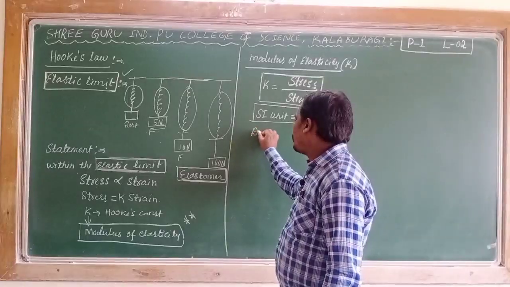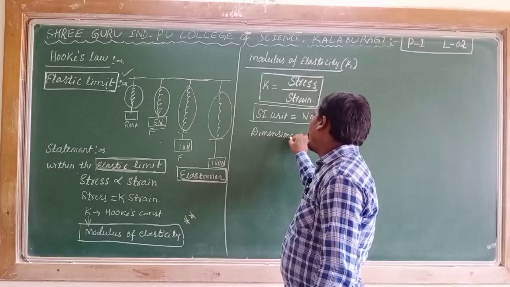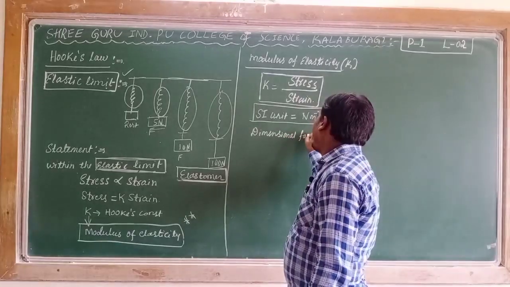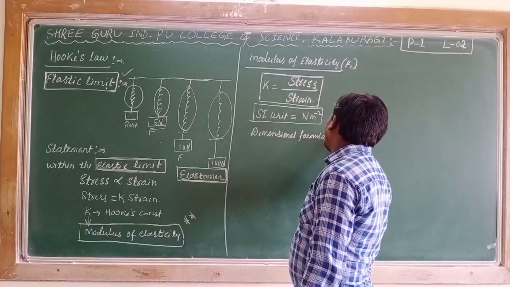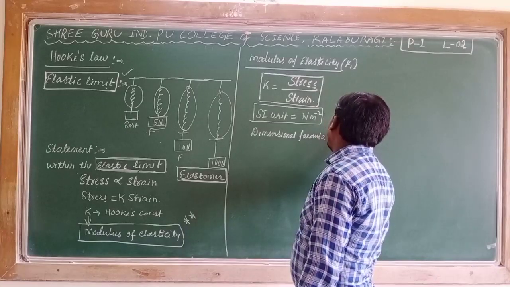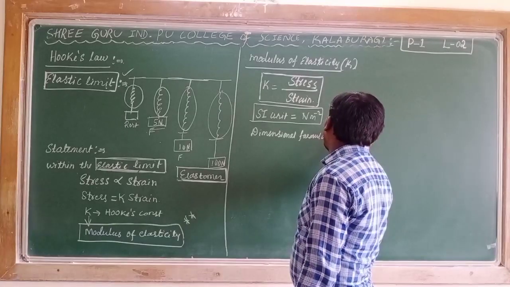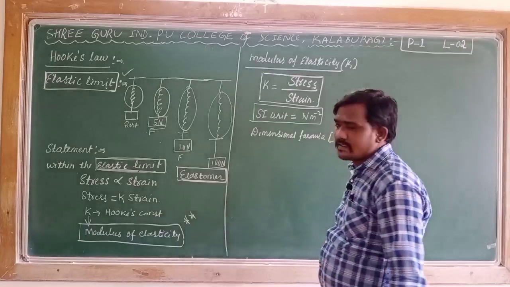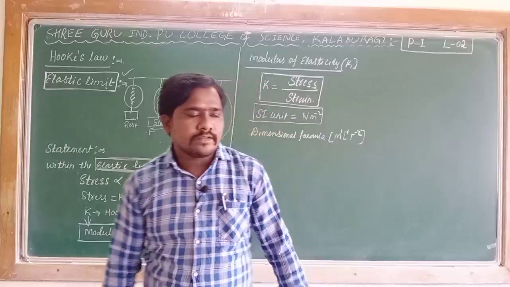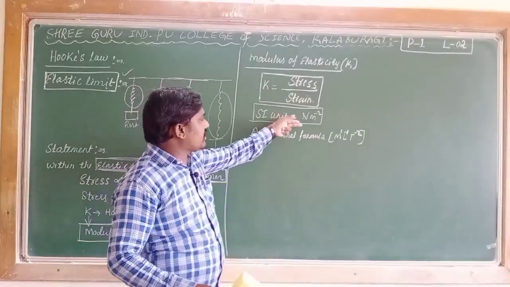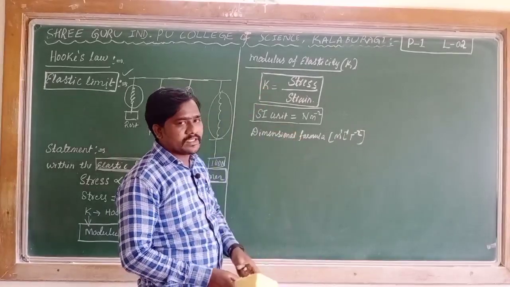Also the dimensional formula is M L raised to minus 1 T raised to minus 2. Already we know that this is the dimensional formula for all types of stress. Keep in mind that in this chapter the SI unit is the same for stress as well as modulus of elasticity.